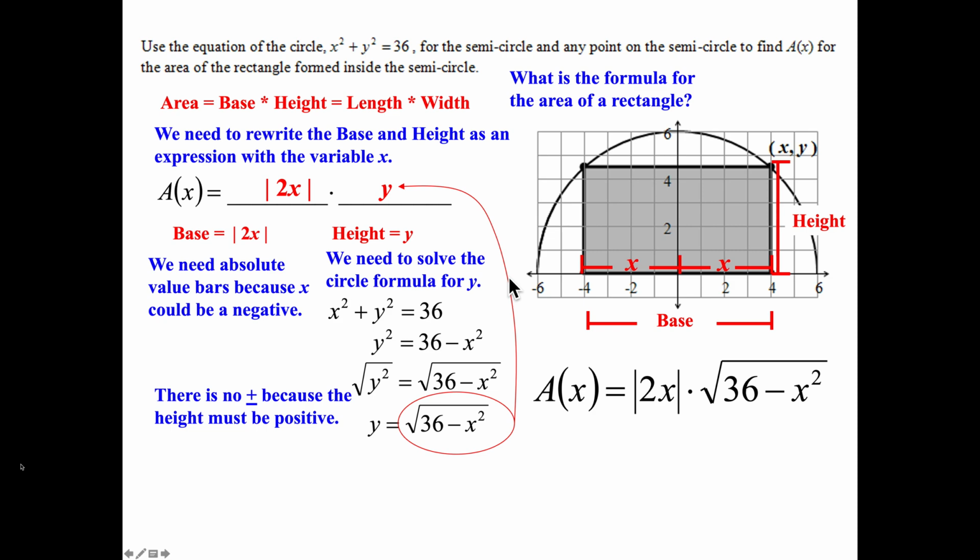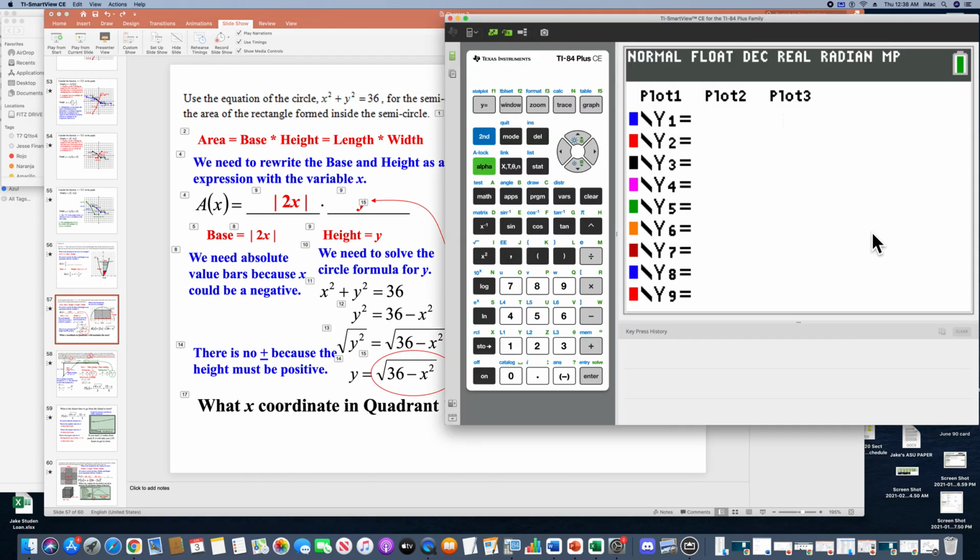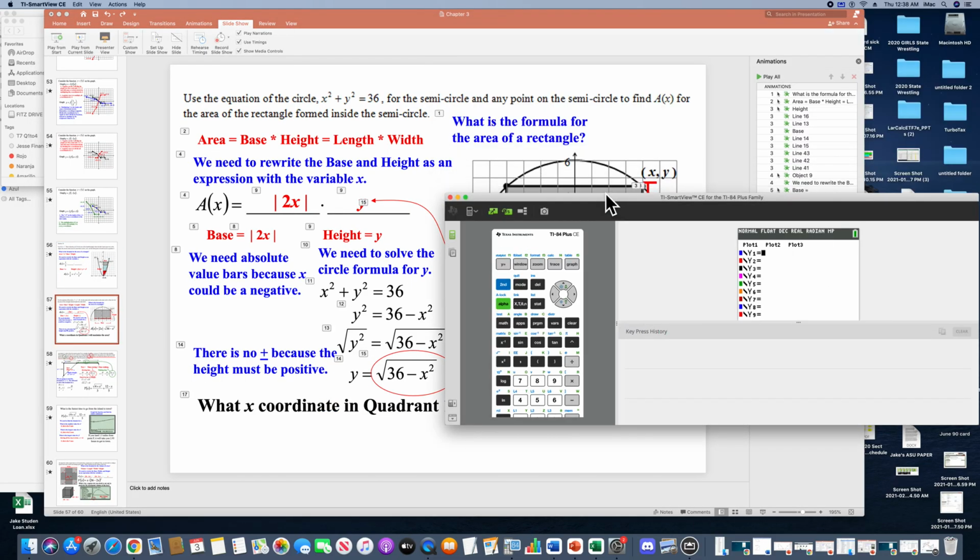Now, if you were asked a question like, what x-coordinate in quadrant 1 will maximize the area? If we're going to do this in quadrant 1 only, then the x is guaranteed to be positive, and we don't need the absolute value bars here. So I'm going to go grab my calculator, and I'm going to go to y.